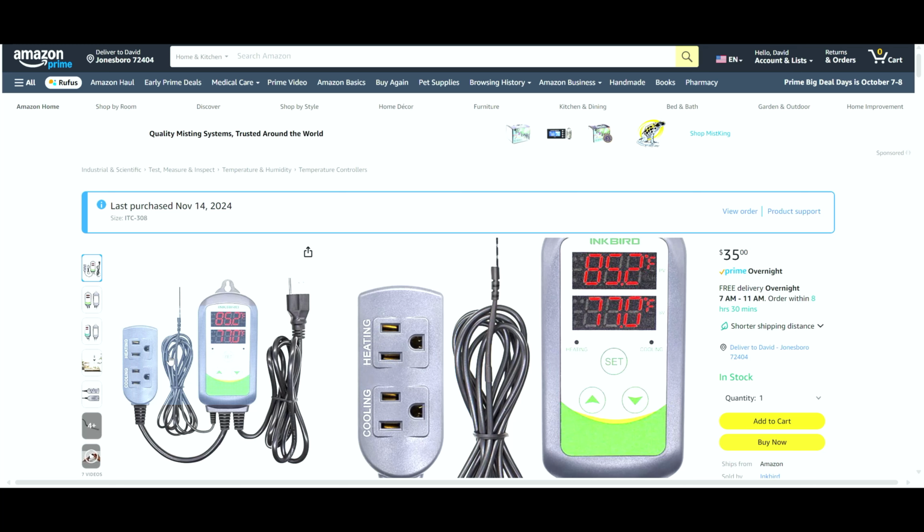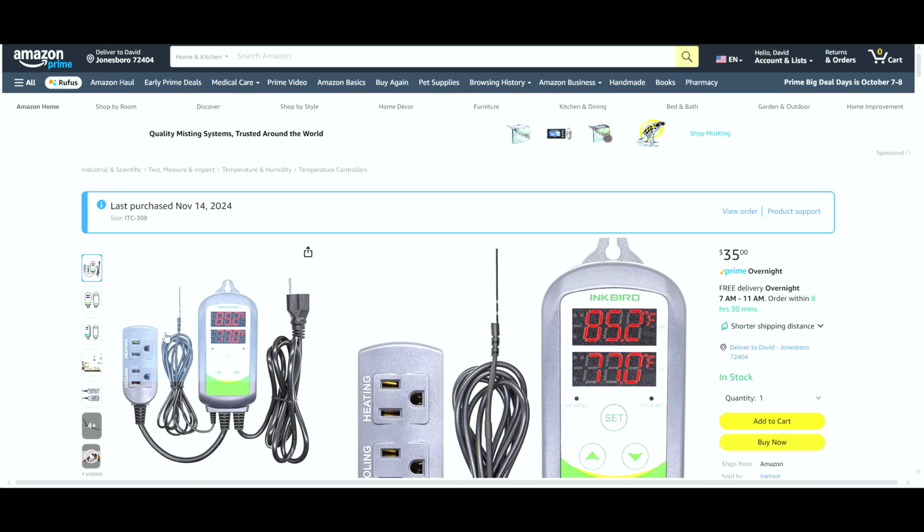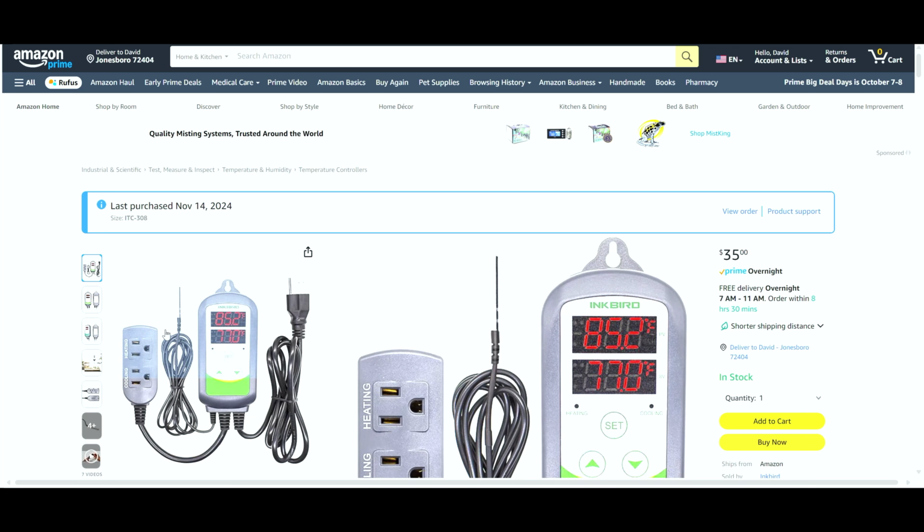If it gets above the 40 degrees, then the plug that's marked cooling becomes energized. I plug the freezer into that one. And you see the little metal probe on the black wire there between the two, that's a temperature probe, and that is just hanging inside.